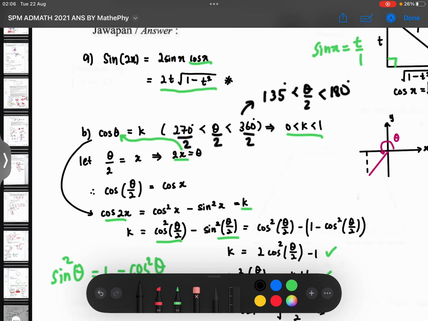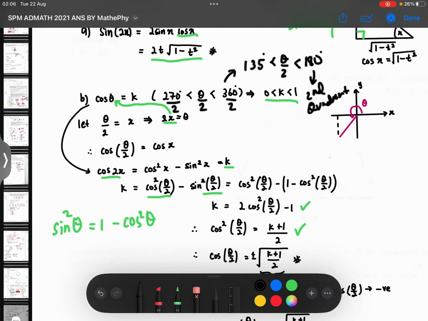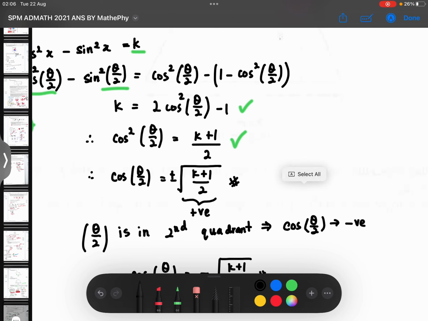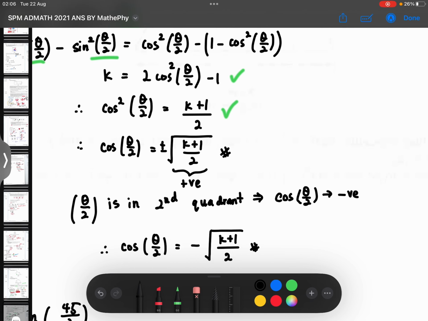Yeah. So this is actually in the second quadrant. So cos in the second quadrant is negative, which means that cos theta over 2 is negative. So we need to consider the negative possibility of the square root. So I have here negative square root of (k plus 1) over 2 as the cos theta over 2 answer.